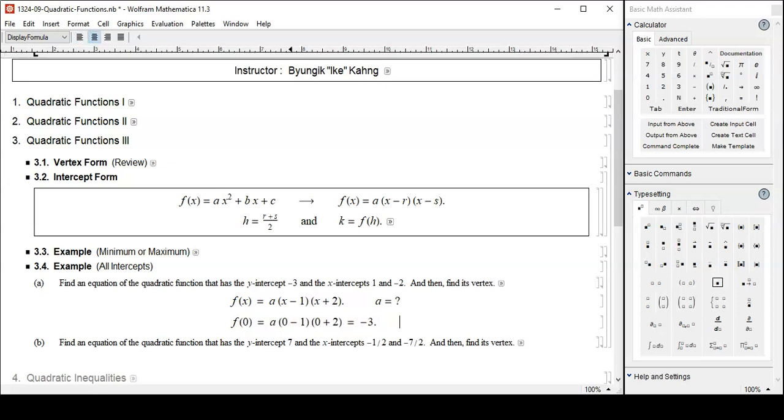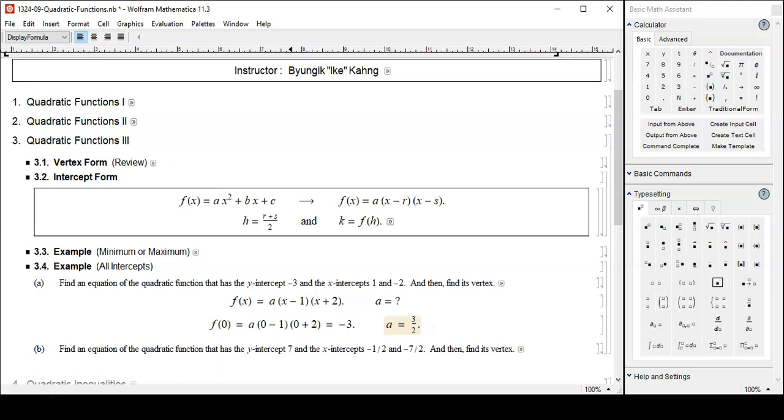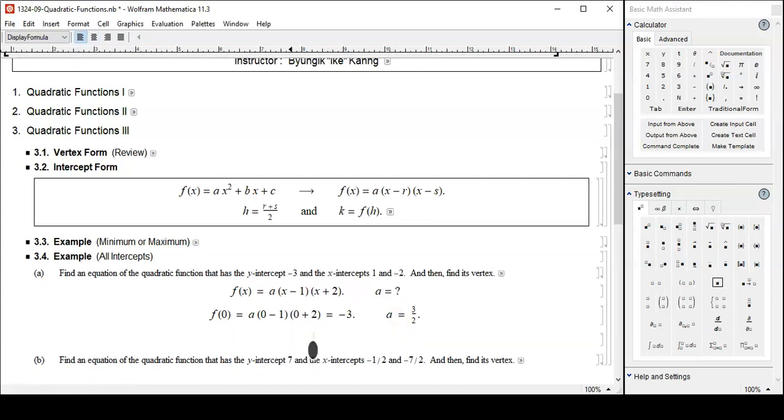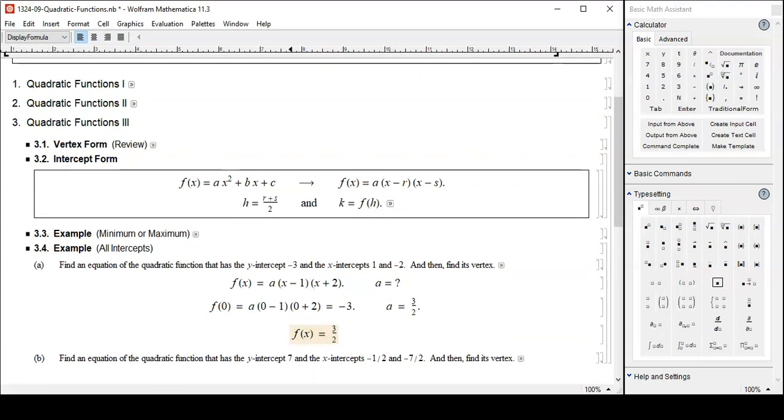Therefore, a times -1 times +2 equals -3. So divide these, and I'm going to get 3/2. Okay, I found the a value. Therefore, the equation of this function is 3/2 times x minus 1, x plus 2.